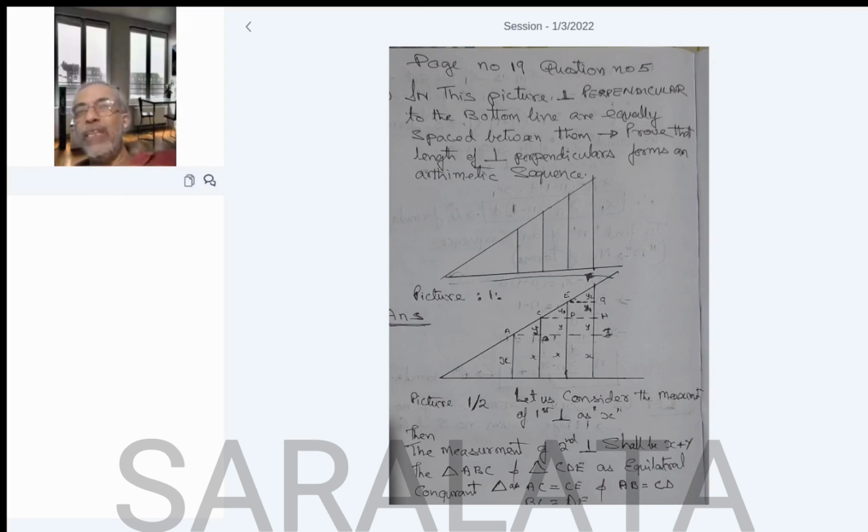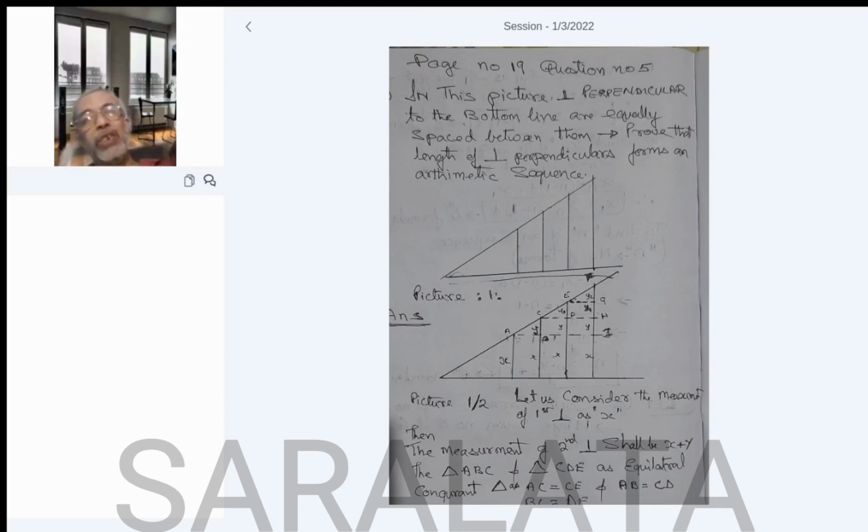Or if I take the third one, the same thing, I get a common difference of y. So having the same common difference in the sequence x, x plus y, x plus 2y, and x plus 3y, it is an arithmetic sequence. This is how you need to prove this particular sum, right?